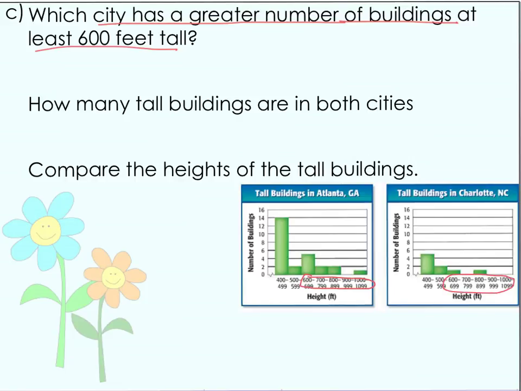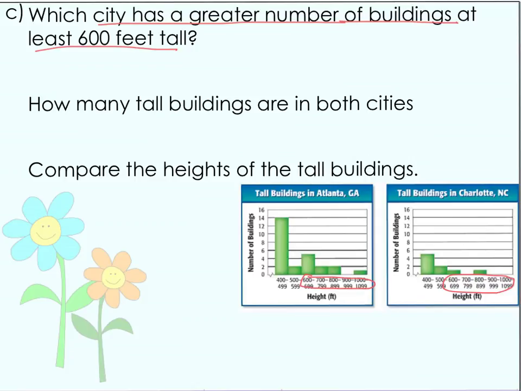Now, you could actually figure out the exact numbers for each city, but my guess is you guys are going to be able to tell from this graph which city has more tall buildings that fall in this range here. And hopefully you can see that Atlanta has a lot more bars in general, and they're taller than what Charlotte does.